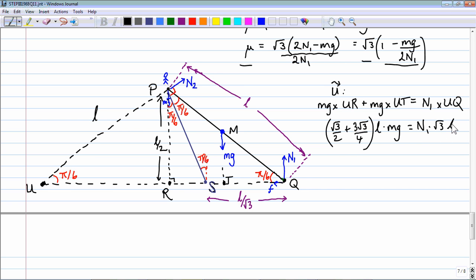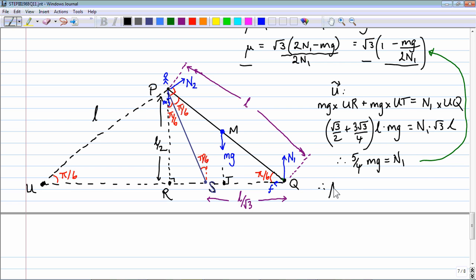So obviously let's cancel our L's and simplify this. We have 3/4 plus a half, so that's 5/4 of root 3. So I've got 5/4 cancelling root 3 and L, and I've got mg equals N1. So now we can see that the value of the contact force N1 is larger. It's 5 over 4 mg, and I can simply substitute this value back into the formula for mu, and that will give me the final answer.